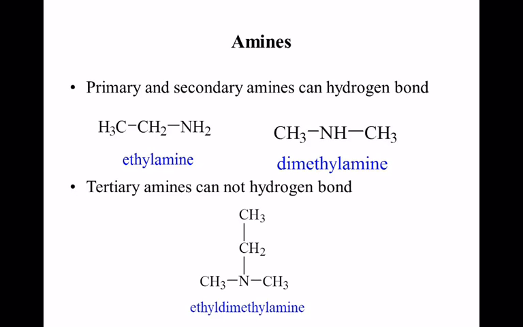So when you're drawing your Lewis structures, it's going to form 3 bonds, single, double, triple, however that goes. If they're all single bonds, then it can bond to 3 things. So this is a tertiary amine because the nitrogen is singly bonded to 3 carbon things.